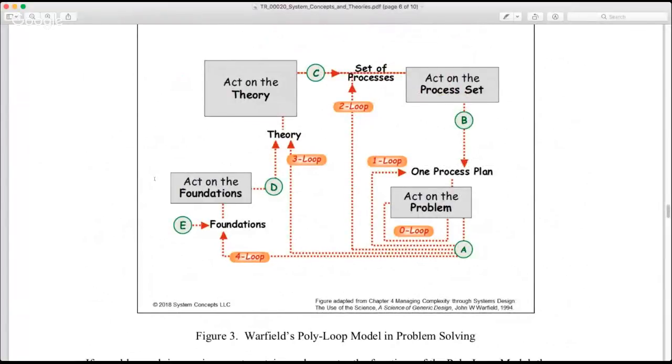Well, yeah, there's some very straightforward things that can be done here in the polyloop. And of course, one of the things that I thought about is the idea of decomposition.